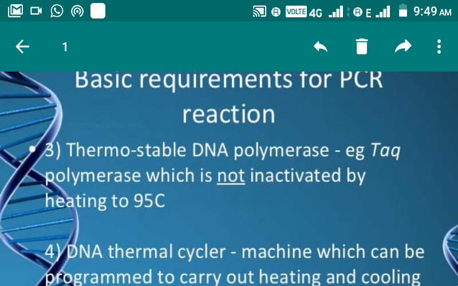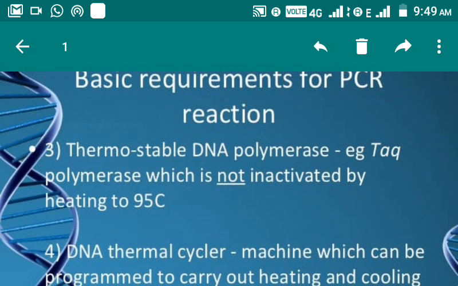Students, you might know that during the enzyme topic, I taught you that an enzyme has a particular temperature. Beyond that temperature, all enzymes get deactivated, denatured. But this enzyme is a very unique type of enzyme. That's why this enzyme is used in PCR.